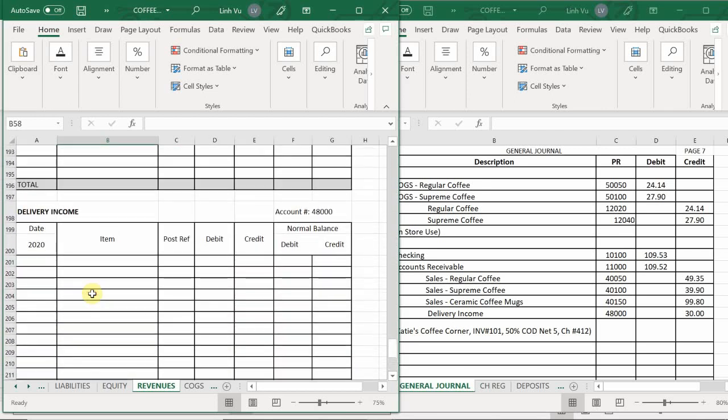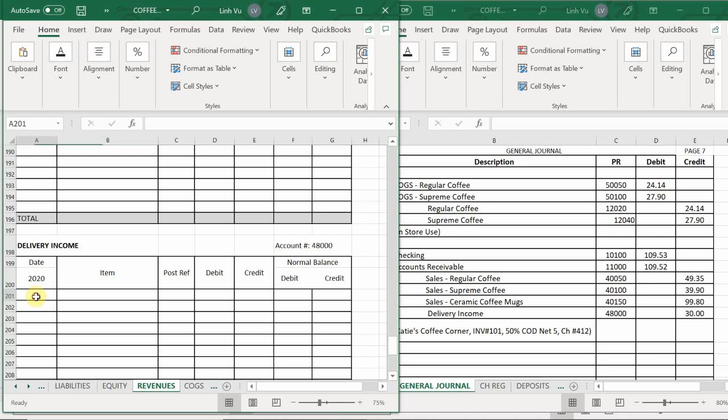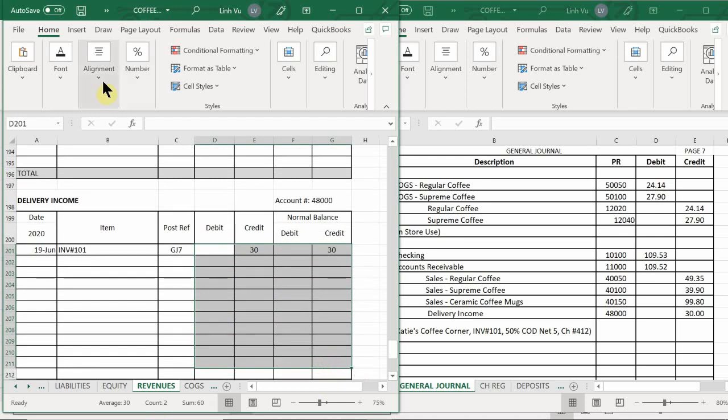We got delivery income, $30. General Journal 7 for $30. So therefore we have $30. Okay.